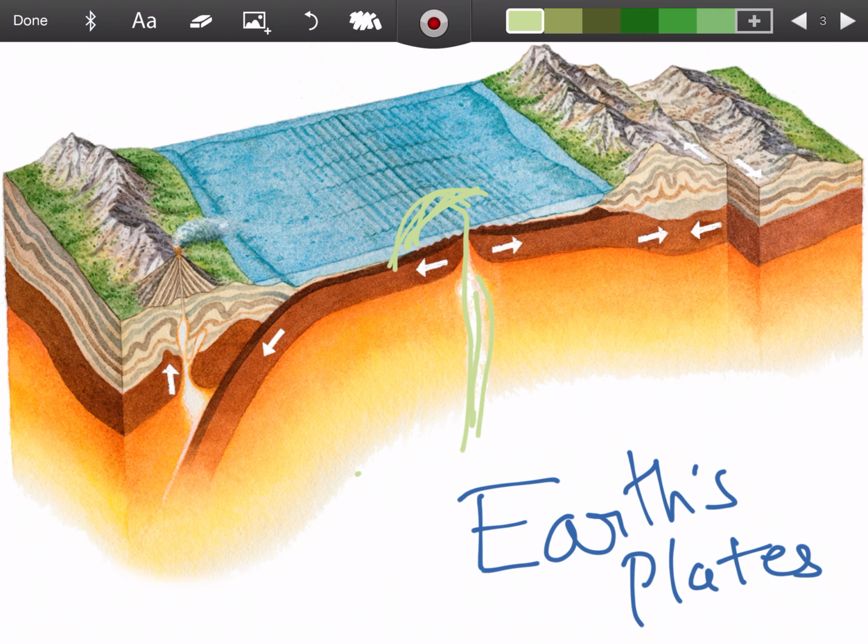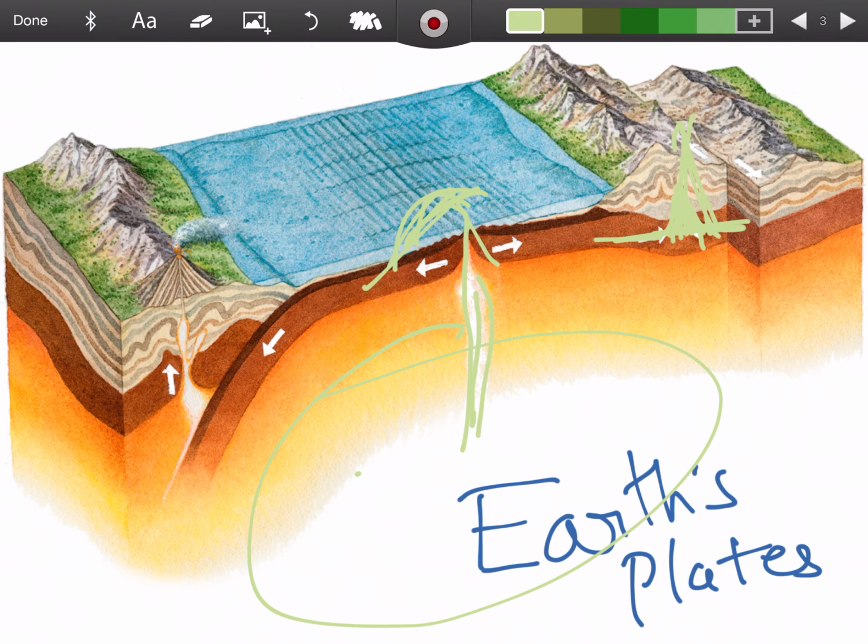Over here there are arrows pointing to the collision of plates. They go up a little bit, and after thousands and millions of years, it will become a great mountain. So you can see how mountains are formed, and this is the core of the earth.